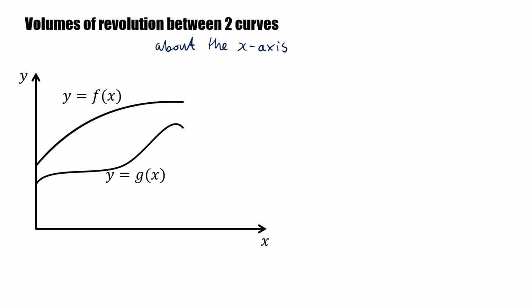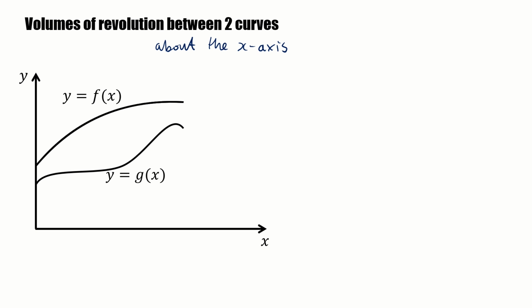As you can already see, I've also labelled my two curves. The curve at the top, I've labelled as y equals a function of x, that's called f of x. And then the curve at the bottom is labelled as y equals g of x, a different function of x.